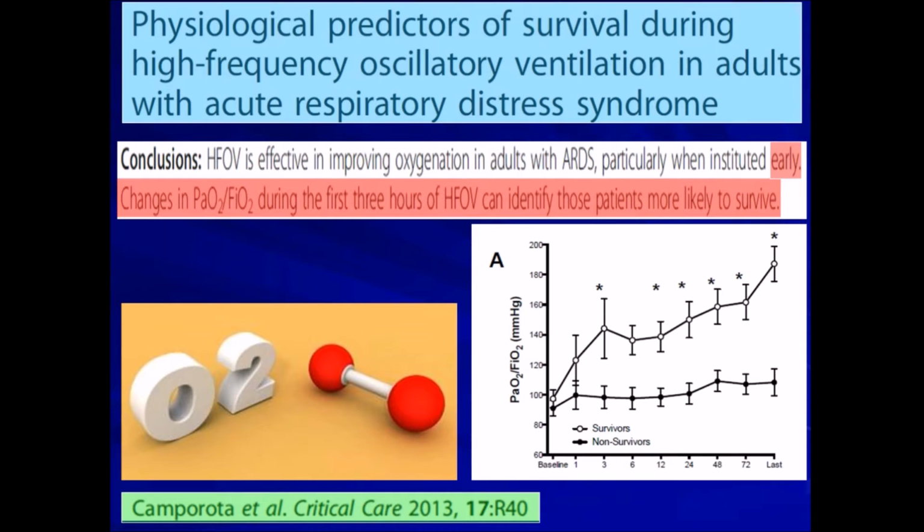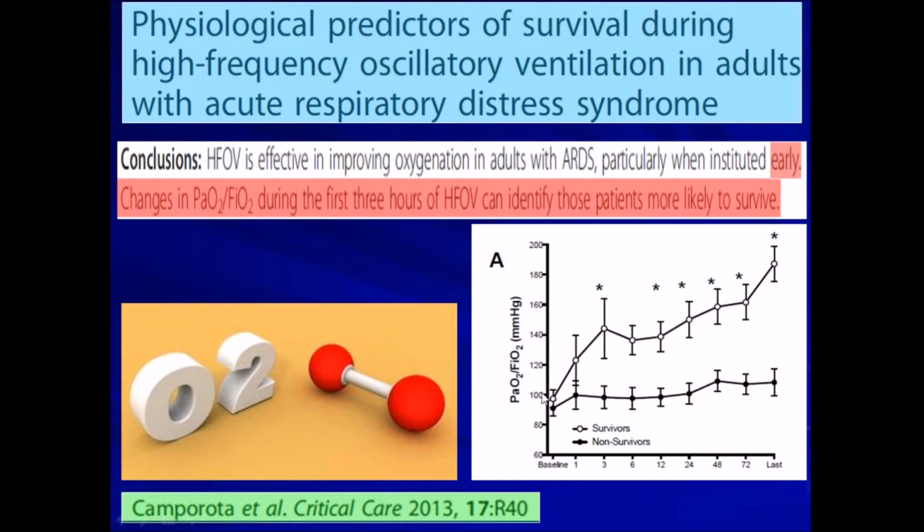So they think here, high frequency is effective in improving oxygenation in adults with ARDS, particularly when instituted early, because early application means early recruitability. So if the patient improves his oxygenation, the change in the PF ratio during the first 3 hours of high frequency can identify those patients more likely to survive.